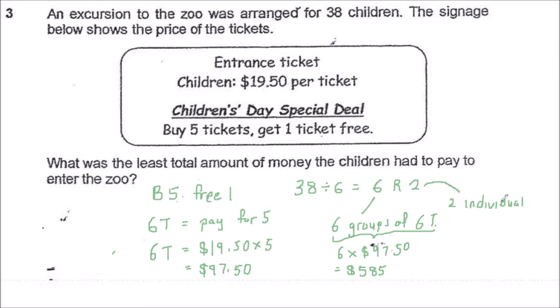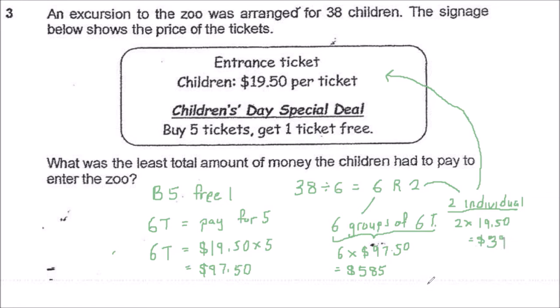So we have to pay slightly more, and that will be $19.50. Okay, so these 2 tickets is the individual price, so that will be 2 times $19.50, and that will give us $39.